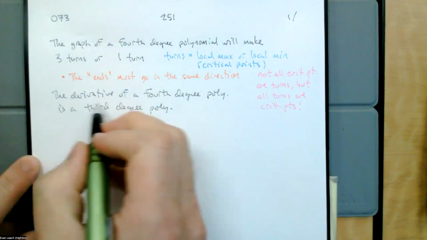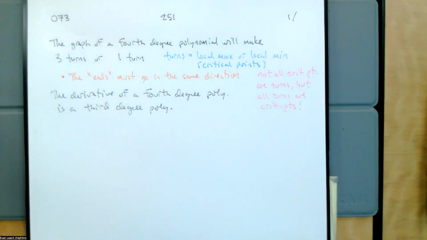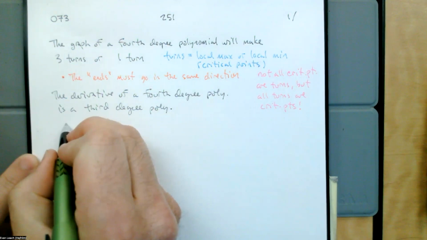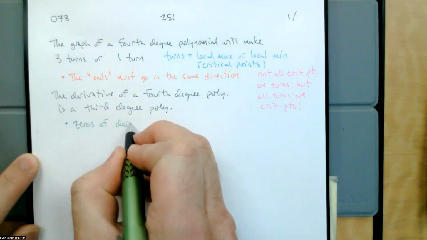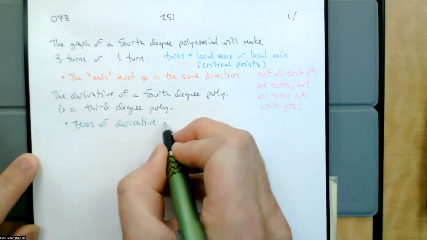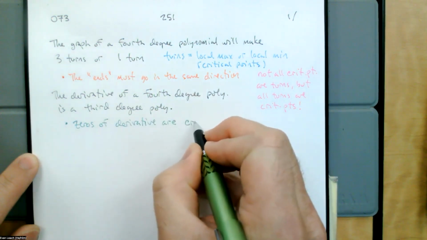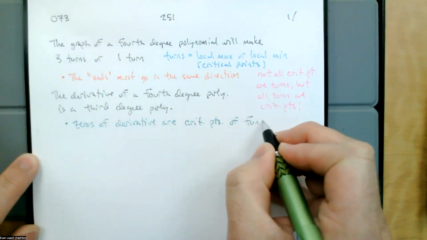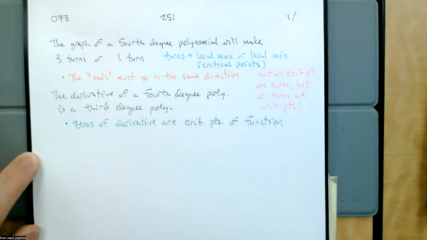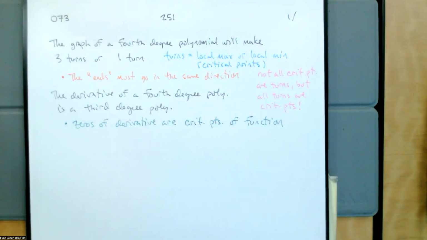So what we care about the derivative is not so much the turns that the derivative is making, but the zeros of the derivative.